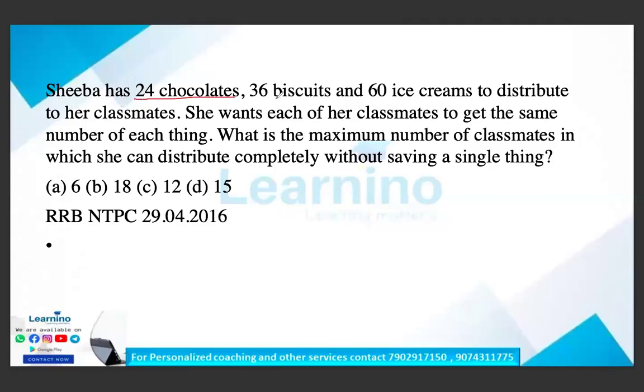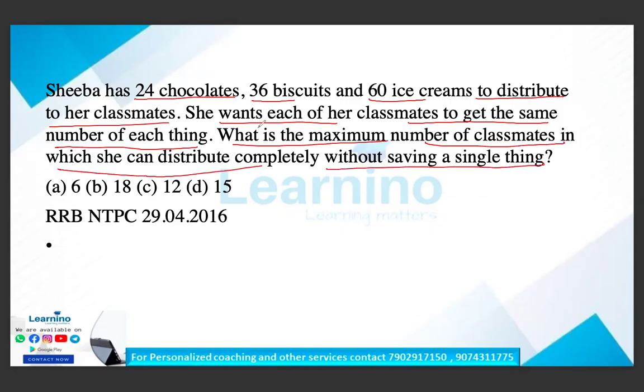Shiva has 24 chocolates, 36 biscuits, and 60 ice creams to distribute to her classmates. She wants each of her classmates to get the same number of each thing. What is the maximum number of classmates among whom she can distribute completely without leaving a single thing? The numbers of chocolates, biscuits, and ice creams are 24, 36, and 60.